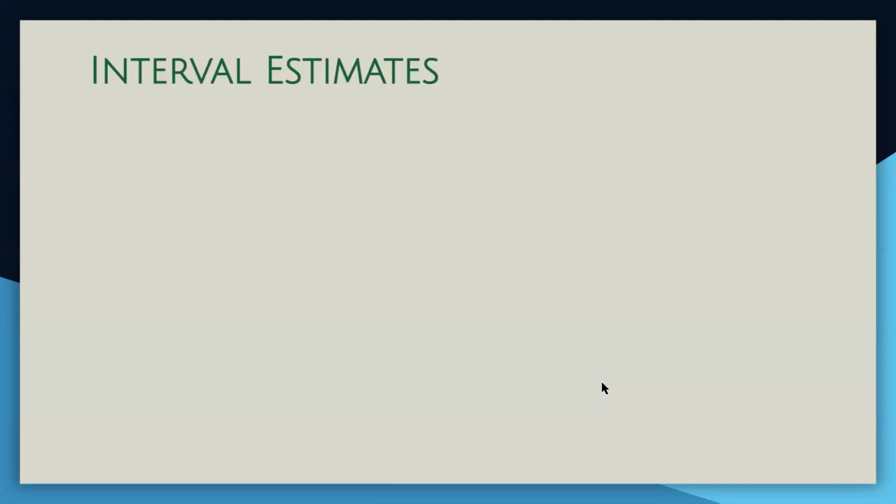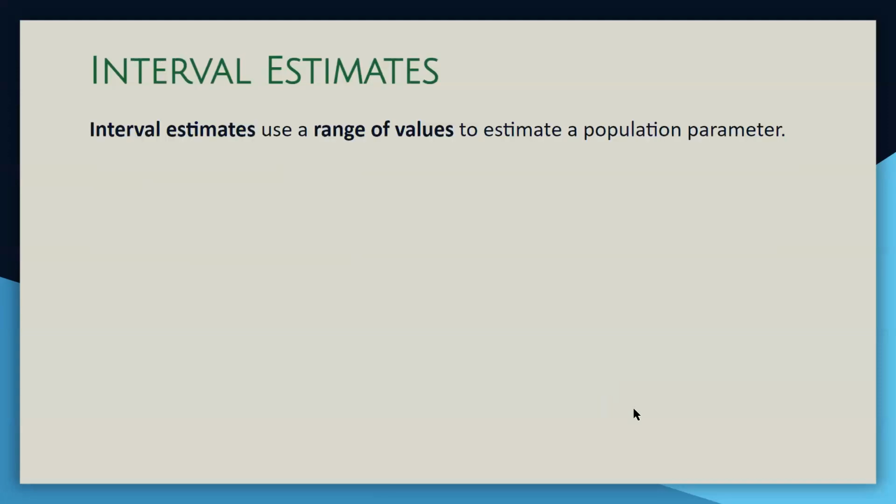The other type of estimate is called an interval estimate. Interval estimates use a range of values to estimate a population parameter. So instead of saying, I think the population mean is approximately 70 inches, I'm going to say, I expect that the population mean is likely between 68 and 72 inches.